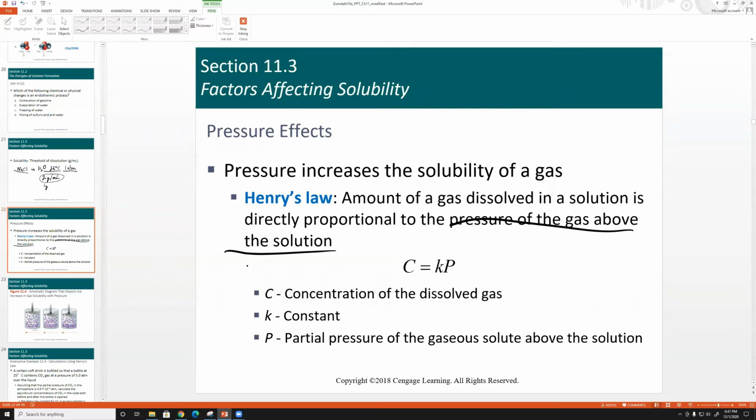What this does is it now drastically lowers the solubility threshold of the CO2 in the water, making most of it come out. Not all of it, but most of it will come out really quickly. If you shake it up, it'll come out even quicker, and it'll explode.